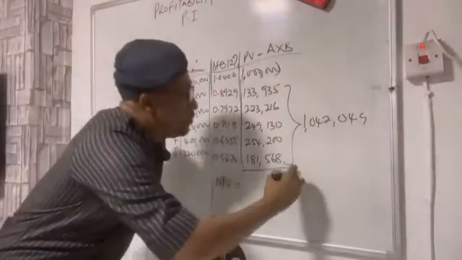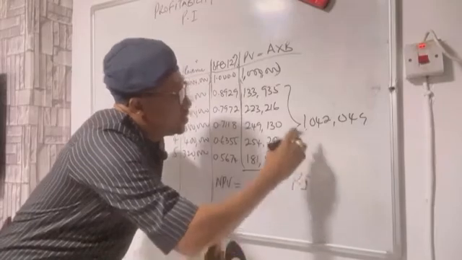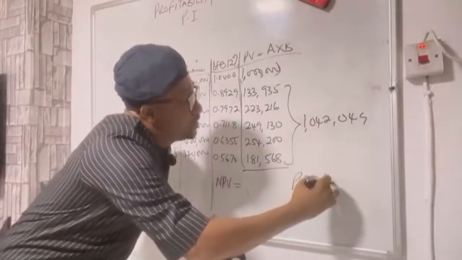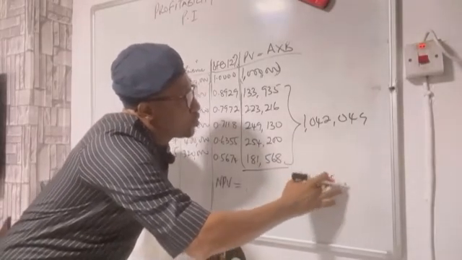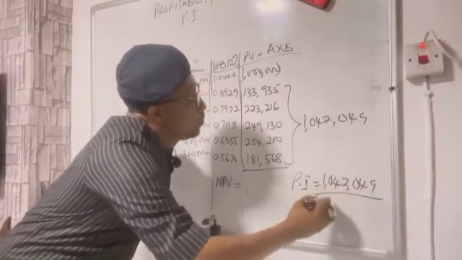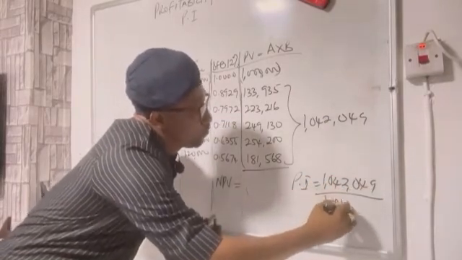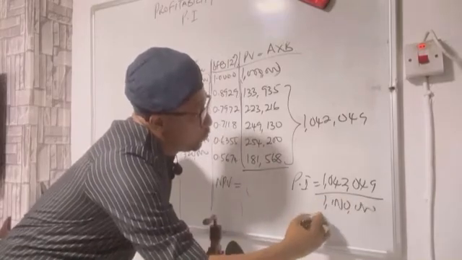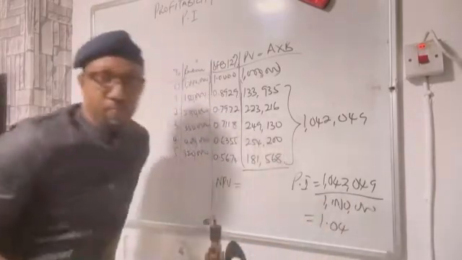So profitability index in this example, for instance, will be a division, not subtracting. You divide, and that will give you 1.04.